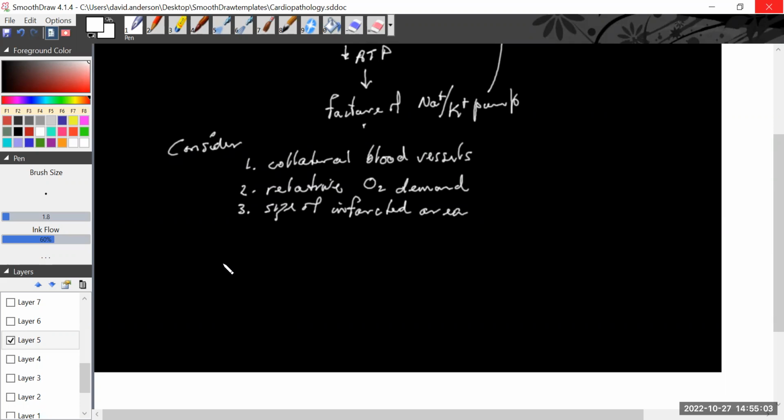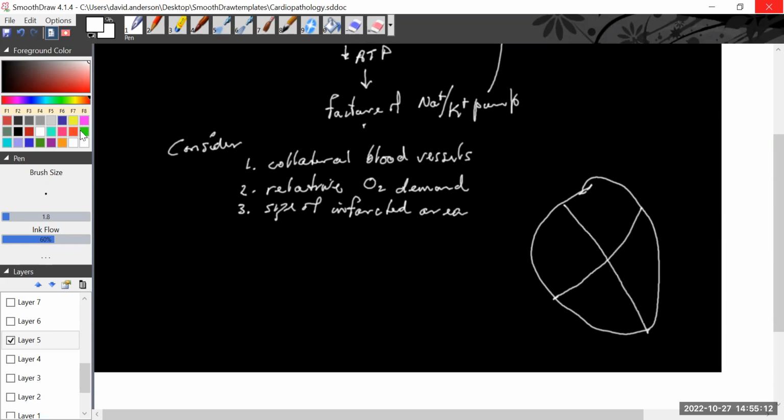Remember, after test 2, we talked about the conduction system of the heart. So here's our 4 chambers, and we had our pacemaker, the SA node, and we had the AV node.